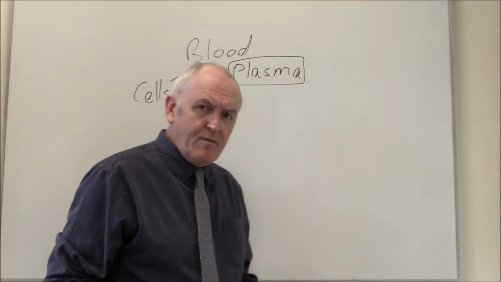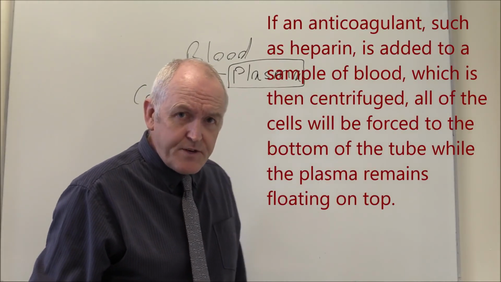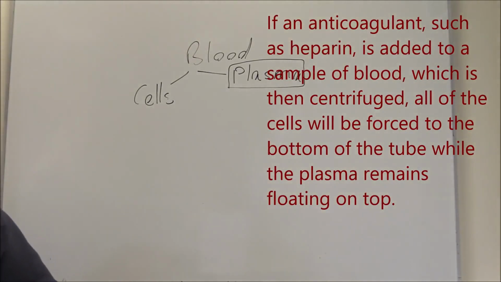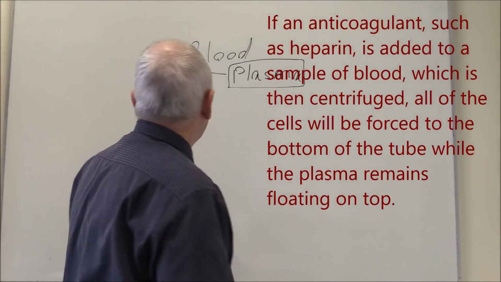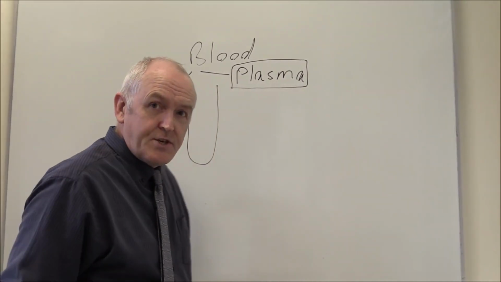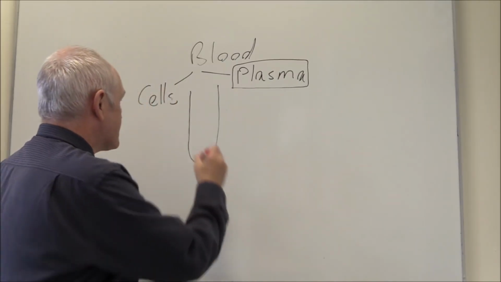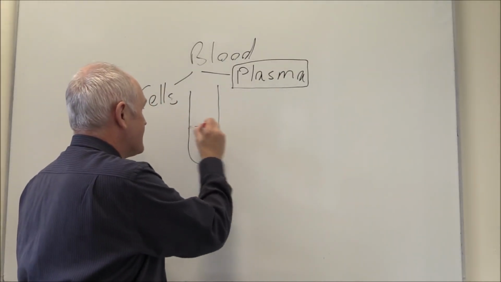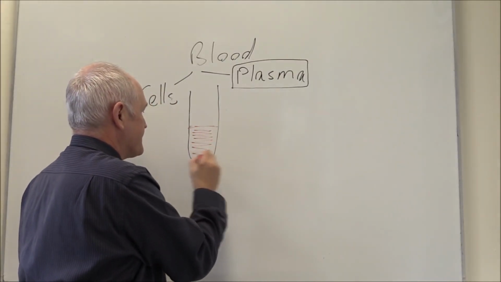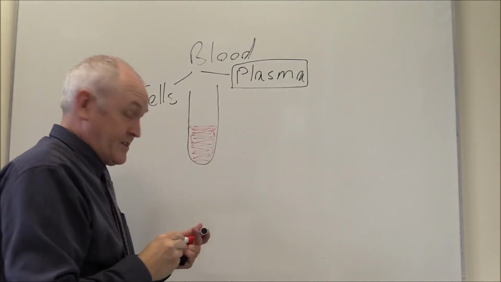Now, if you take a sample of blood, anticoagulate it, and centrifuge that blood sample, then you're going to end up with something like this. You'll have your test tube there, and the red cells will settle out on the bottom after the sample's been centrifuged.